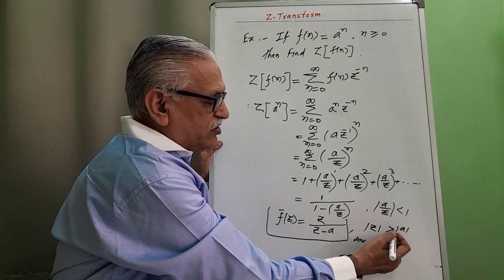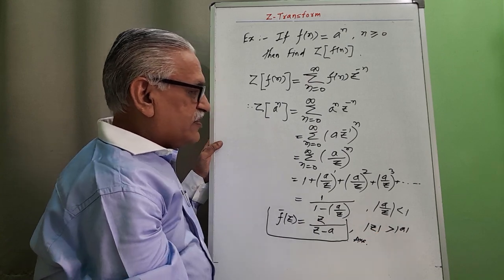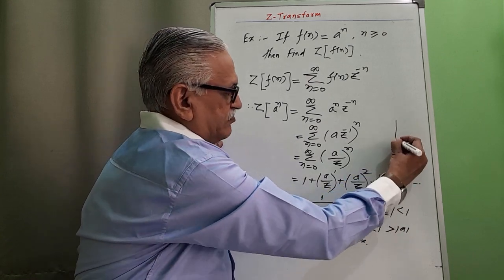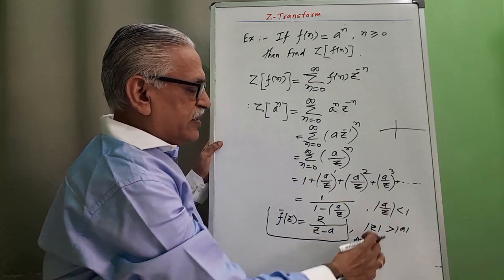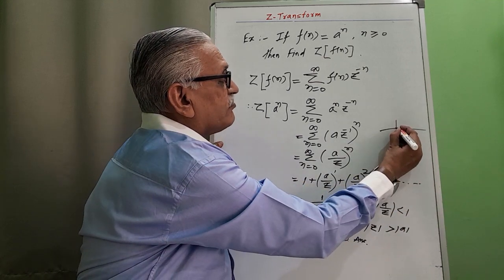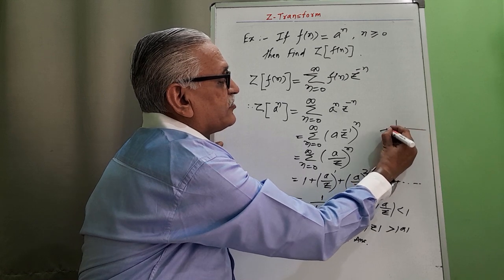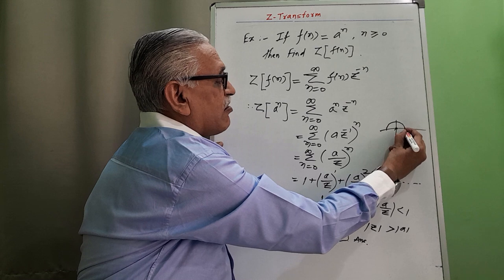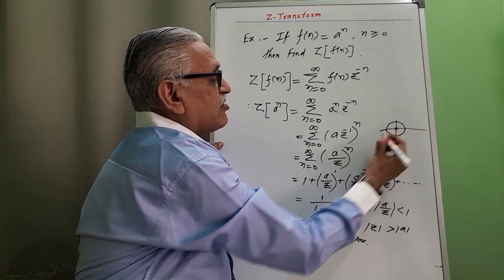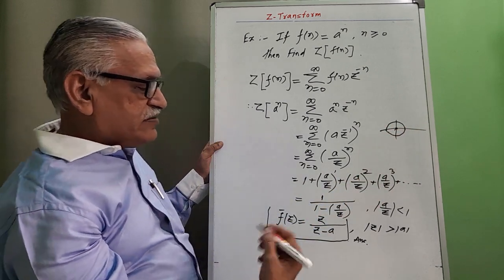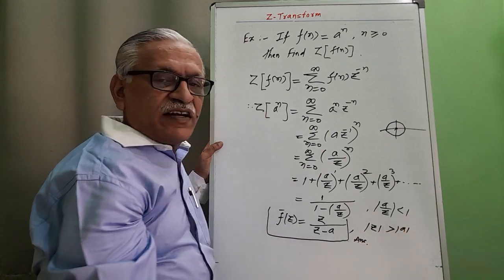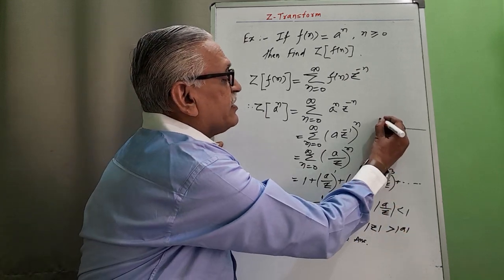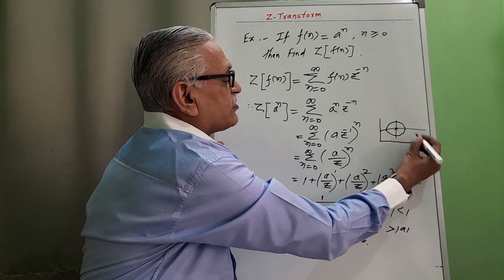If you try to draw this figure, it is centered at origin with radius a, and as mod z is greater than the radius a, this represents the exterior part of that circle.